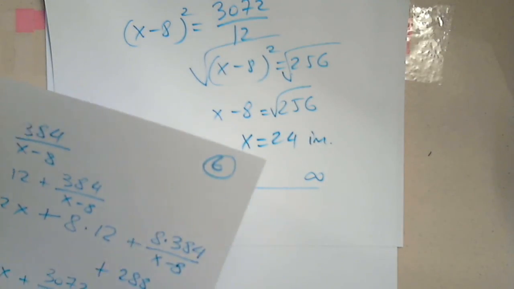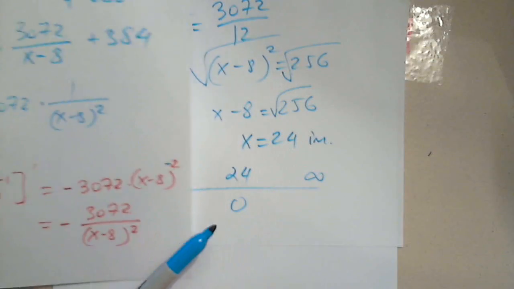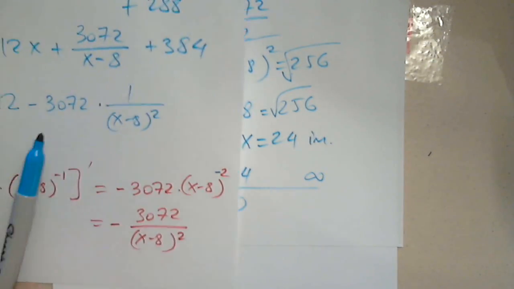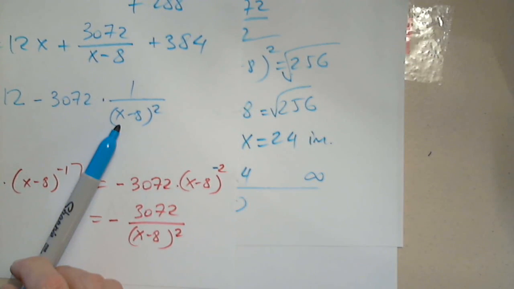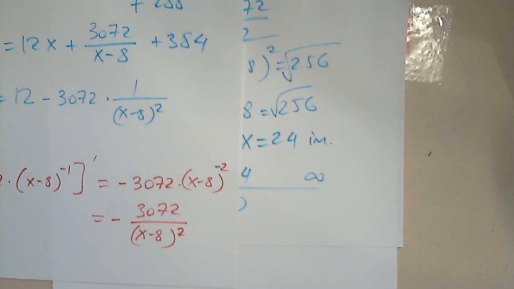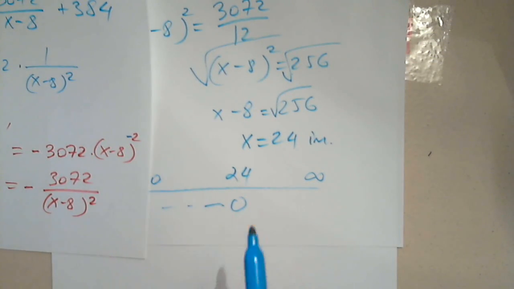I'm in agreement with that. This is the function. So if we plug in, I prefer to plug in 0 because I'm lazy. So when I plug in 0, this will be 3072 divided by 64, and that's negative 48 plus 12, which is definitely negative.